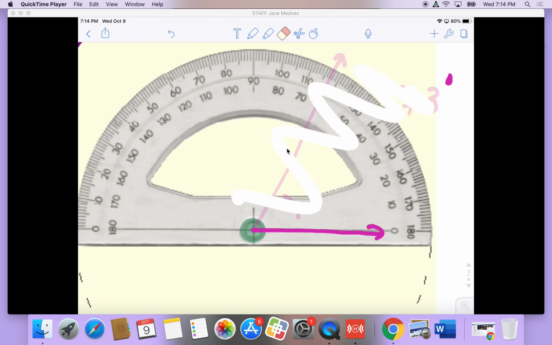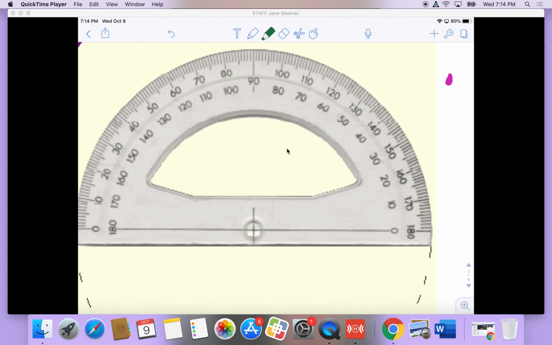Another way of looking at it is, again, I have my vertex here. Sometimes you can line it up this way with one of the rays there, and let's say I go here. Okay, this would be an obtuse angle because it's more than 90 degrees. And so we would say 120 degrees as opposed to 60 degrees.